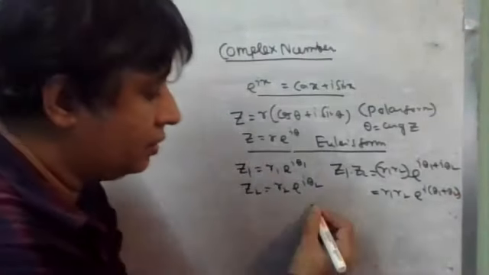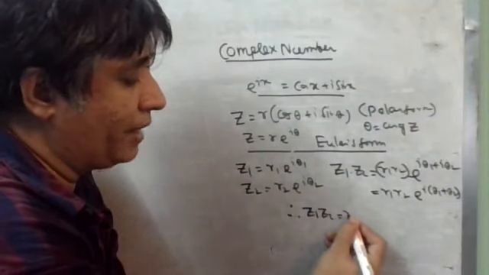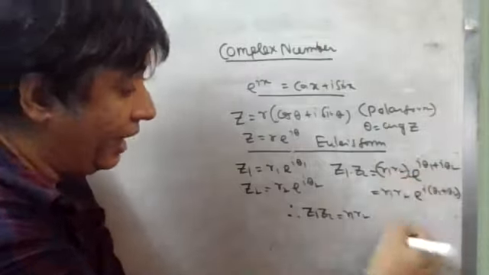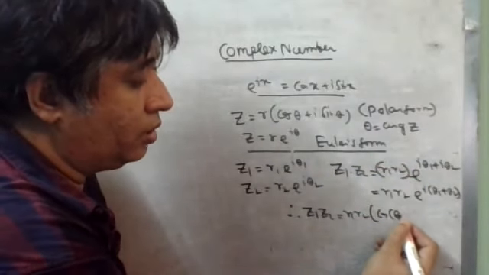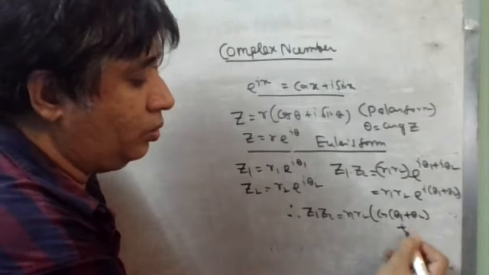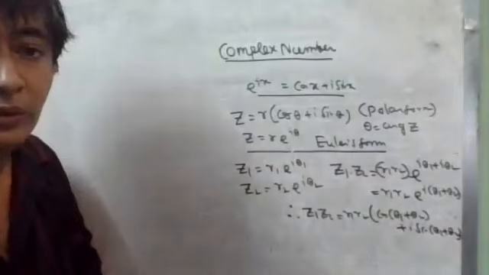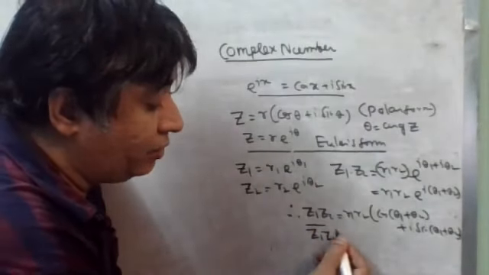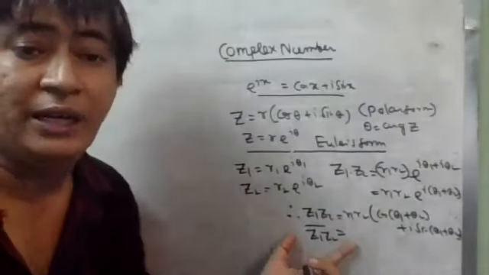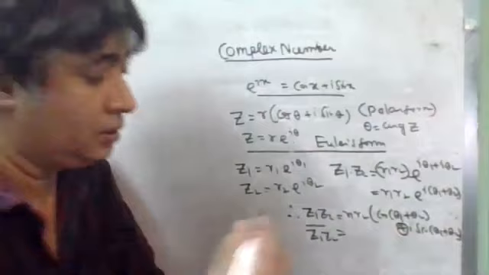Therefore z1 z2 will actually be, writing it again in polar form, r1 r2 cos of theta 1 plus theta 2 plus i sin of theta 1 plus theta 2. If you put a bar sign on top, meaning if you want to find the conjugate, this plus will become minus.